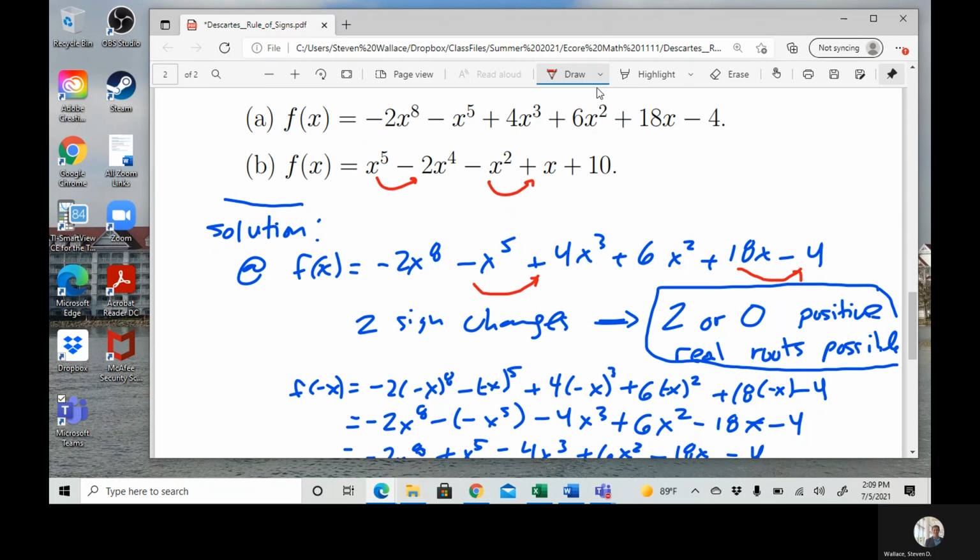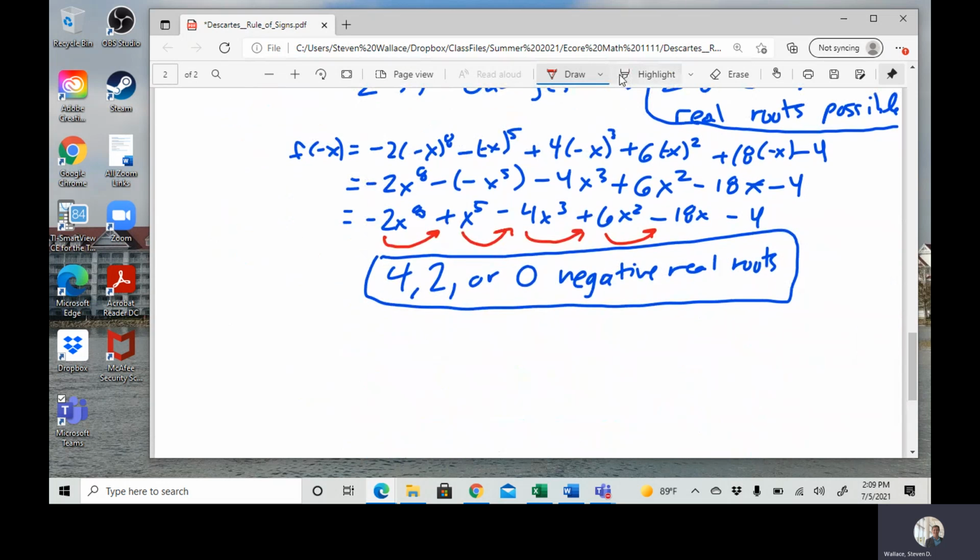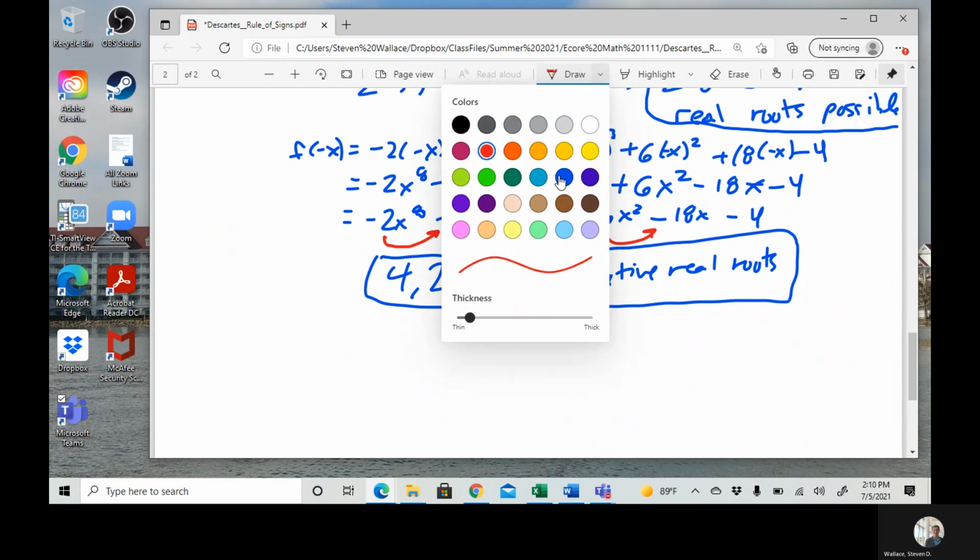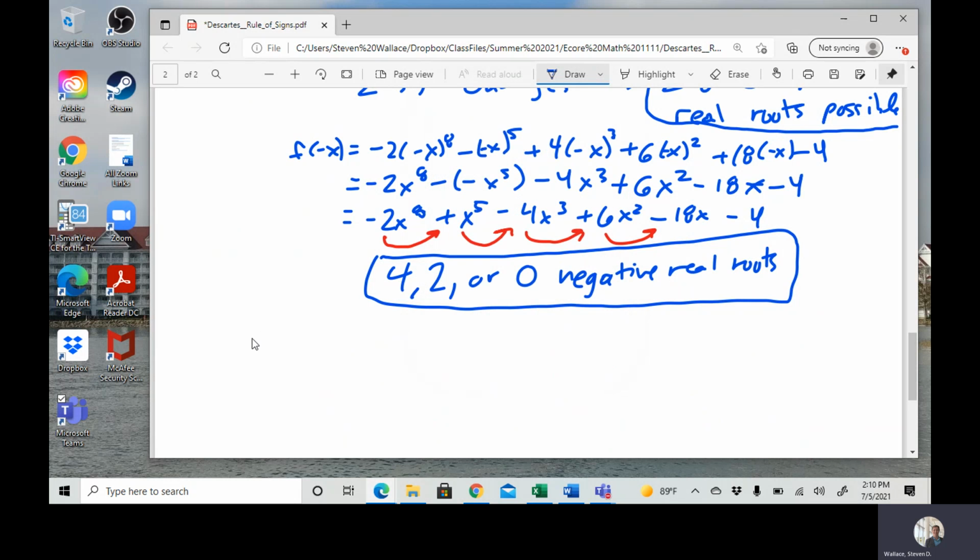Okay, so that's going to tell me in part B here, once again, we have 2 or 0 positive real roots.